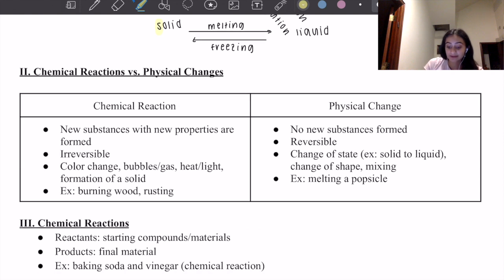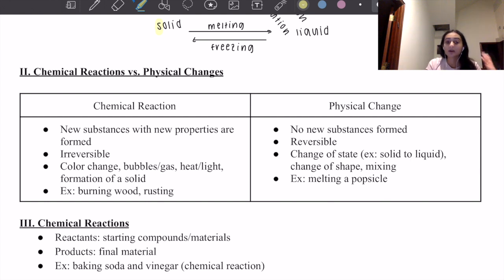So now I'm going to discuss chemical reactions versus phase changes, and this is going to be an important concept for the rest of our unit where we start talking about chemical reactions, because those are chemical changes, and it's important to make this distinction. So when you have a chemical reaction or a chemical change, you form new substances.